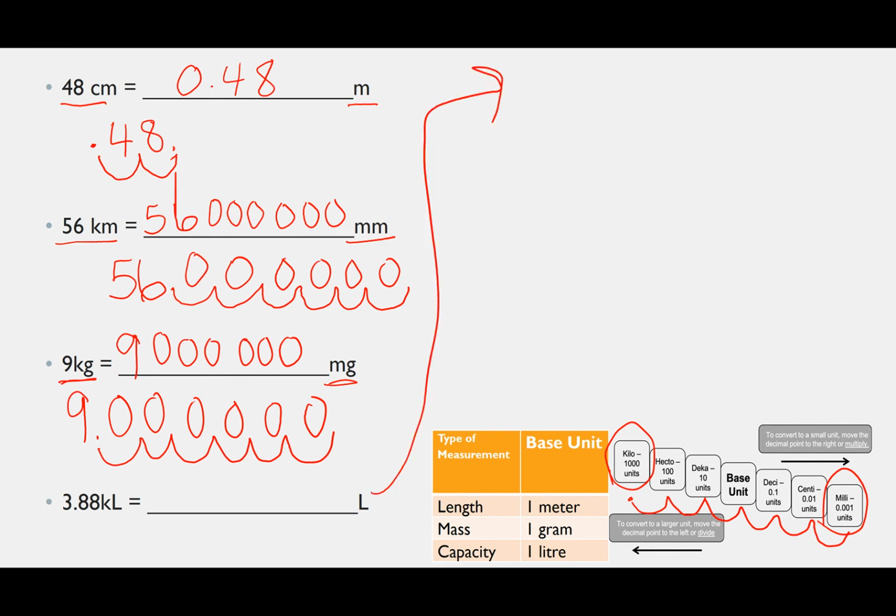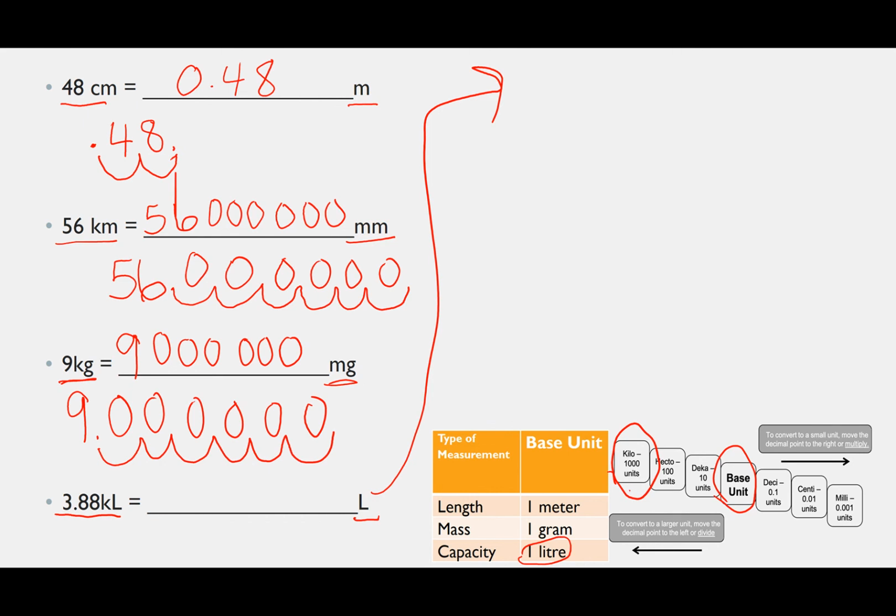The last one I will do up here. So we have 3.88 kiloliters to liters. Okay, so we're starting at kiloliters right here, and we're moving to liters, and liters is our base unit, so this is where we're going.